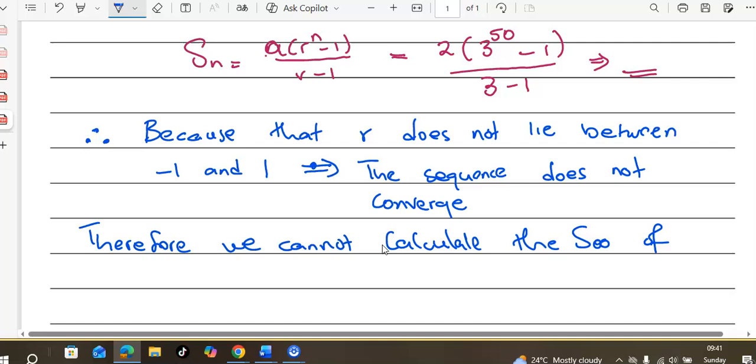It's impossible for you to calculate the sum to infinity of this sequence. We only calculate the sum to infinity if the value of R is between 1 and minus 1, because this sequence is not a converging geometric sequence. Is that making sense?